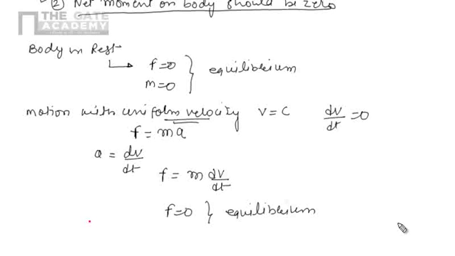So now we can say that if the body is in equilibrium, then we have to think in terms of force, net force, net moment. Net force and net moment should be zero for bodies which are in equilibrium. So let's take two problems for equilibrium. We are having a 2D equilibrium problem, and we are having a 3D equilibrium problem.